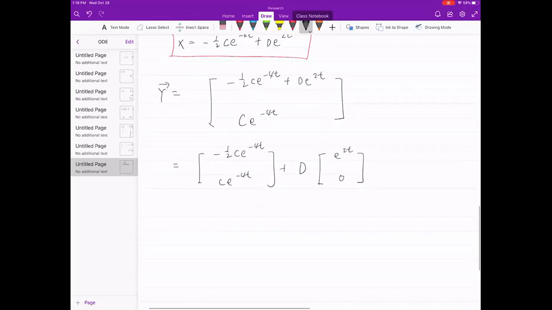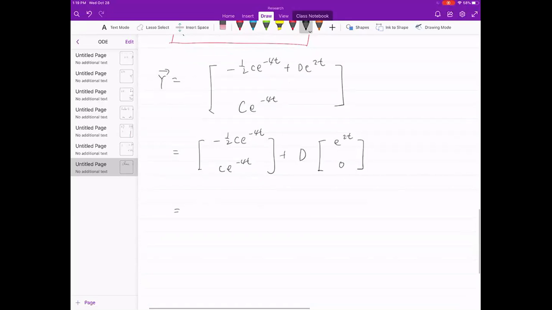By vector decomposition, you can take out a constant, c, and what you have here is e to the negative 4t times the vector with negative 1 and 2.